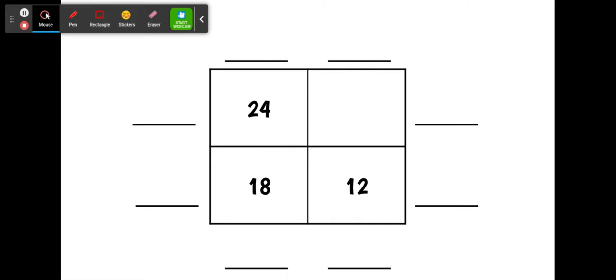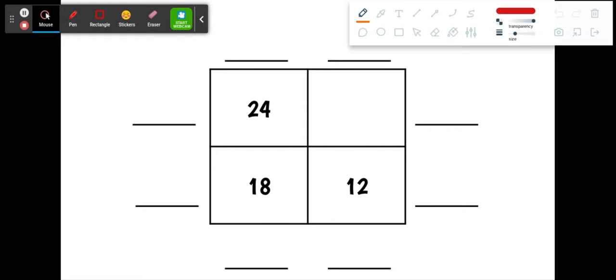The numbers inside of our box are our target numbers. Those are our products, the ones where you're multiplying 2 numbers together to get that. The lines off to the side are always going to be where your factors go.